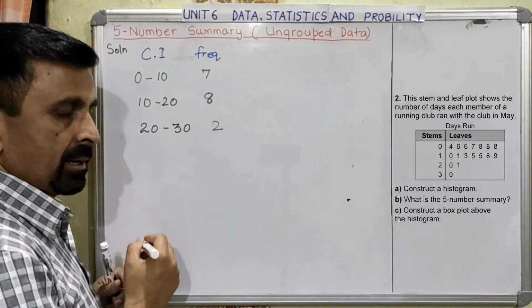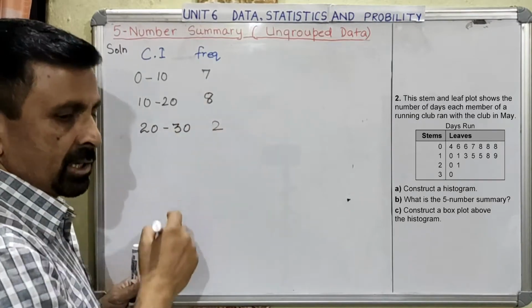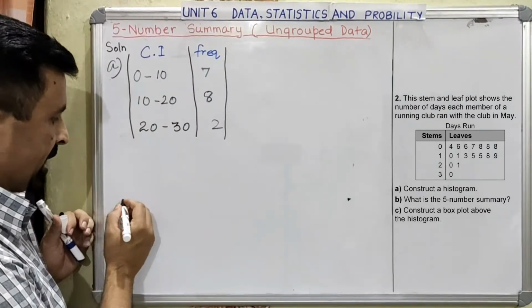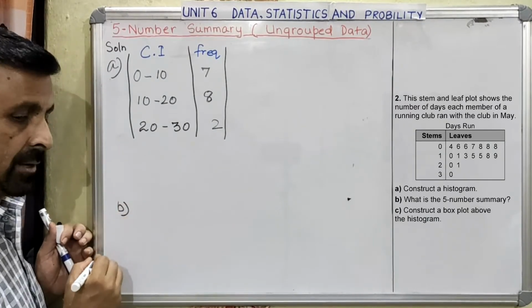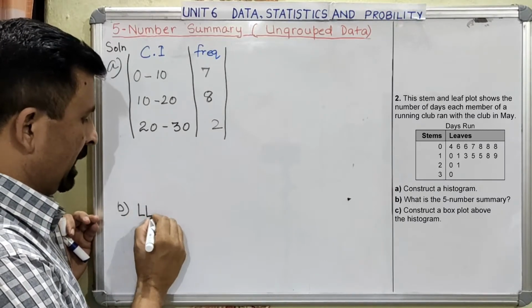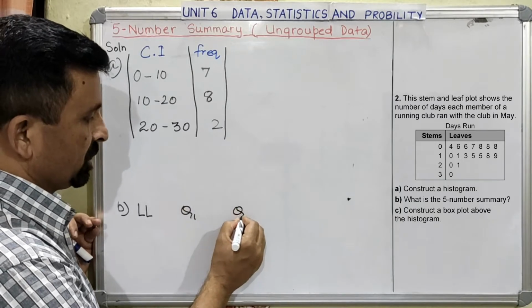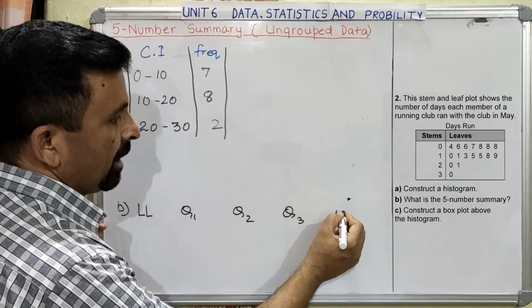One is from the third stem, and another is from the fourth stem. So this is the total number of data. The next part is the 5 number summary. We are going to calculate the 5 number summary. What do we have? We will have the lower limit, Q1, Q2, Q3, and then the upper limit.